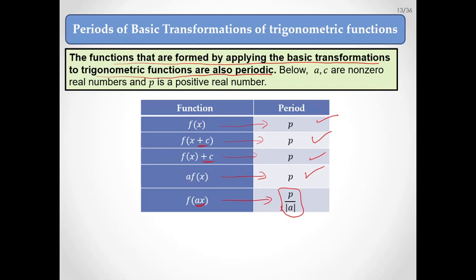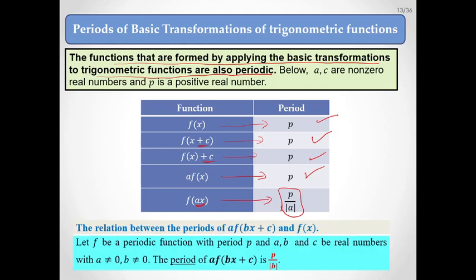So now, by adding all these, we can say if f is a periodic function with period p and a, b, c are real numbers, then the period of a times f of bx plus c is p over the absolute value of b.